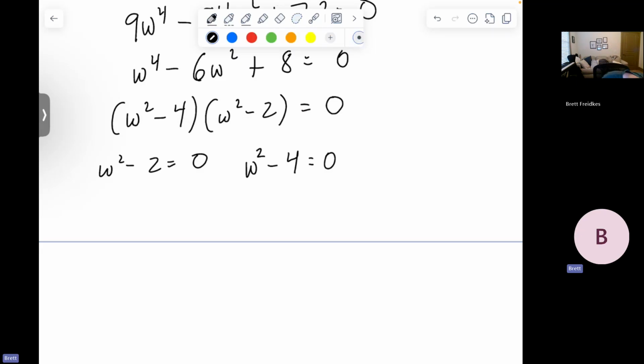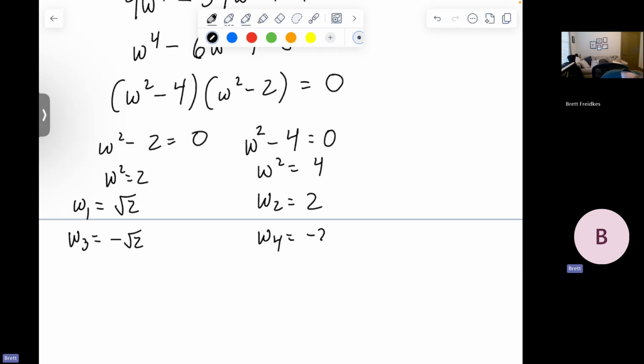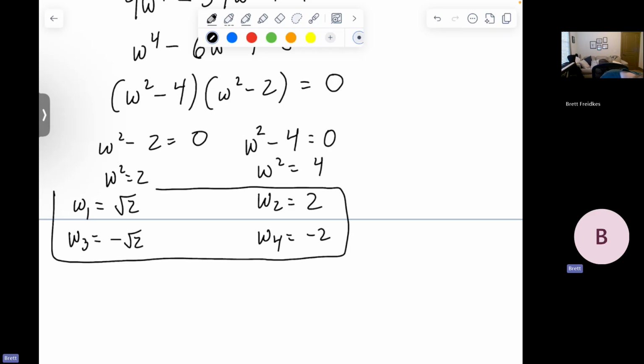I'm going to say that omega squared is equal to 2, which means that omega 1 will be the square root of 2. I'm going to say that omega 2 is equal to 2. And the frequencies that I'm missing are the negative counterparts of those. So I'm going to say omega 3 is negative square root of 2. Omega 4 is negative 2. And these are the natural frequencies of the system.